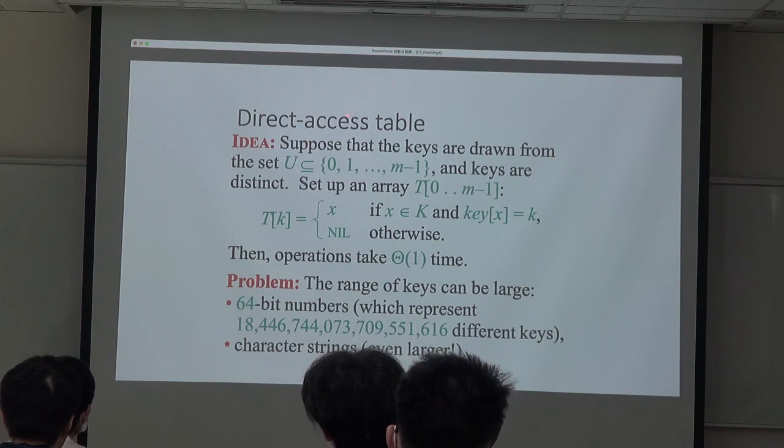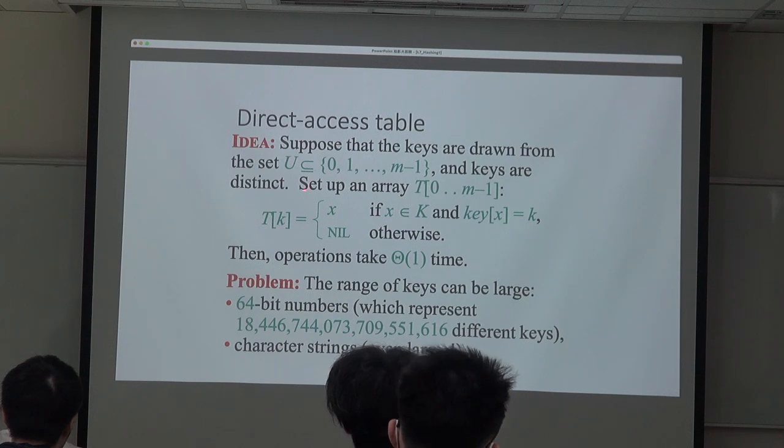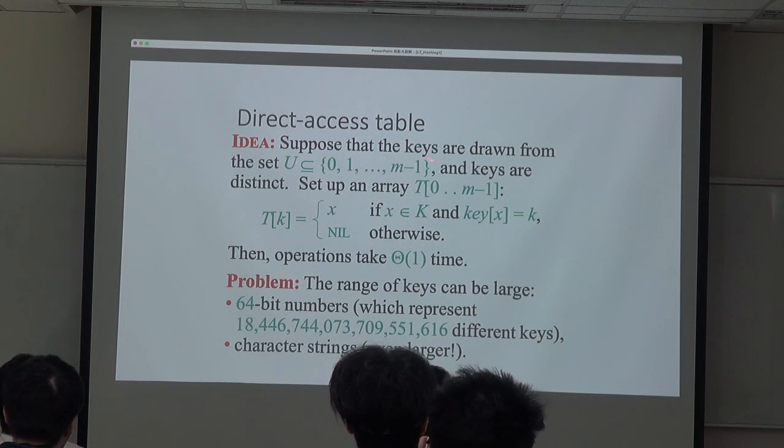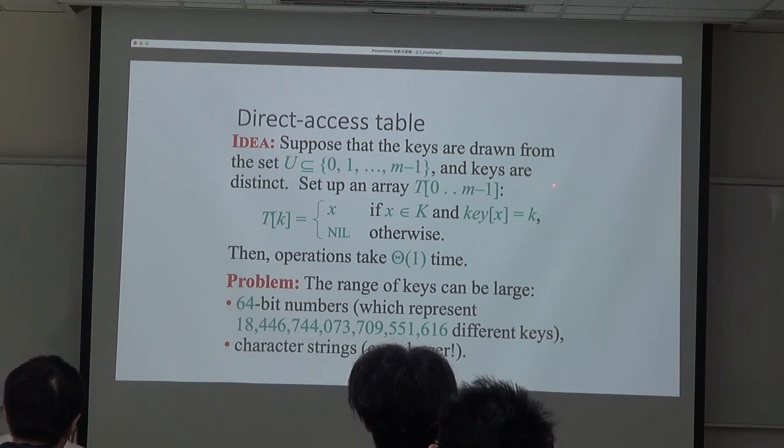Suppose that keys are drawn from the set U, which ranges from 0 to n minus 1, and the keys are distinct. So different records have to have different keys.